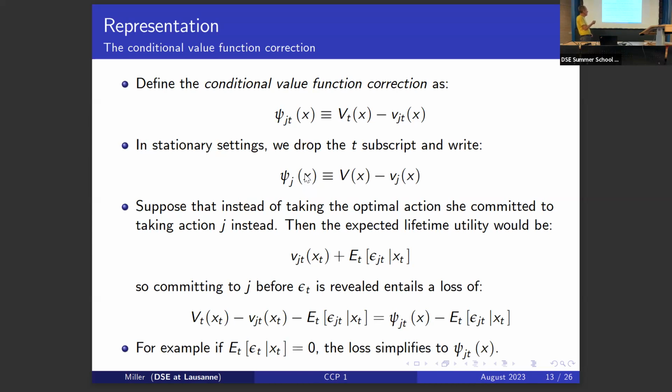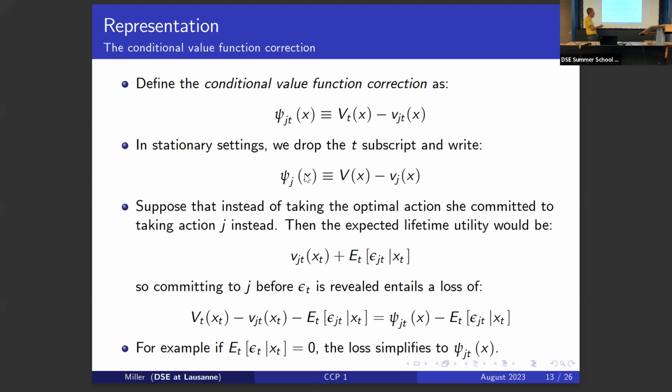Why do we call it a correction? Well, intuitively, if you just took action J without seeing your epsilons first, in other words, you did this non-optimally, coming back to the time sequence of things. If you did this non-optimally, then this is what you get.